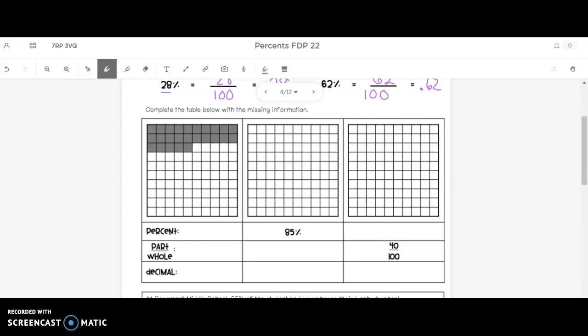So let's start at this one right here first. Percent, how many are shaded in out of 100? 10, 20, 1, 2, 3, 4, 5. So that's 25%, also known as 25 out of 100. So the decimal for that is 25 hundredths.